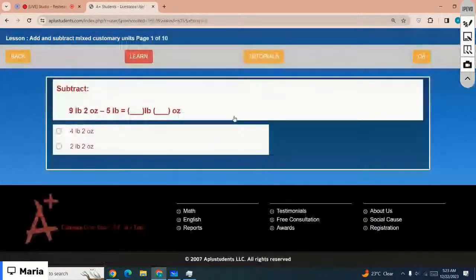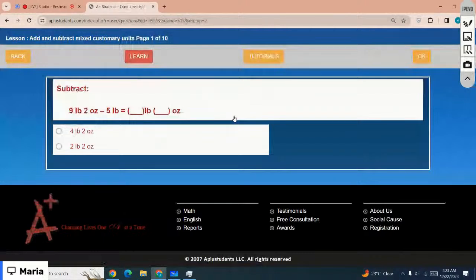Okay, 9 pounds 2 ounces minus 5 pounds. So which is the correct option? You can just subtract the pounds, right?